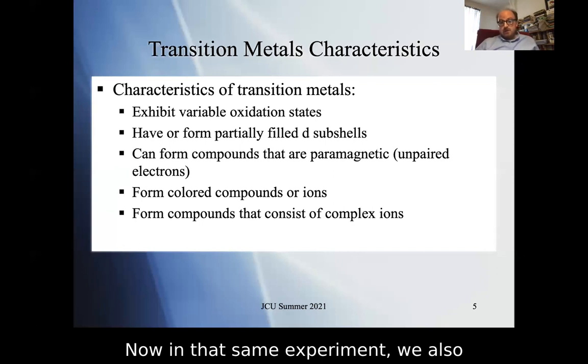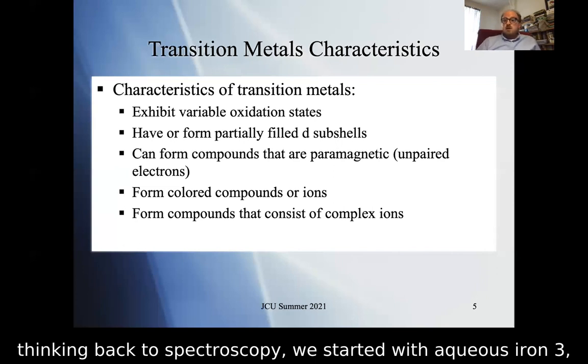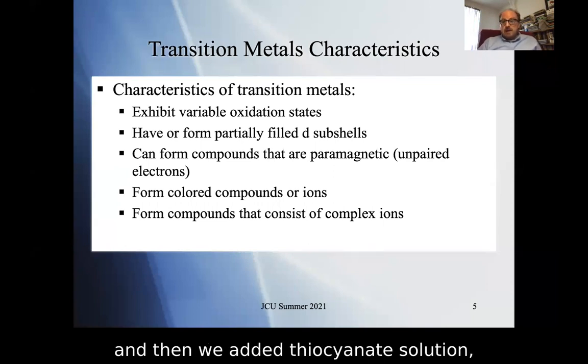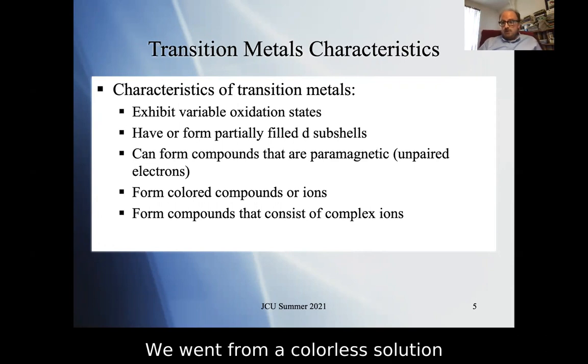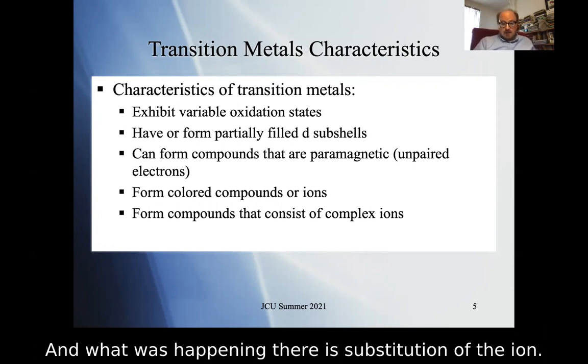In that same experiment, we also saw that we were able to substitute. Thinking back to spectroscopy, we started with aqueous iron 3, and then we added thiocyanate solution, and that gave us that orange-colored solution. So we went from a colorless solution to that orange solution. What was happening there is substitution of the ion.